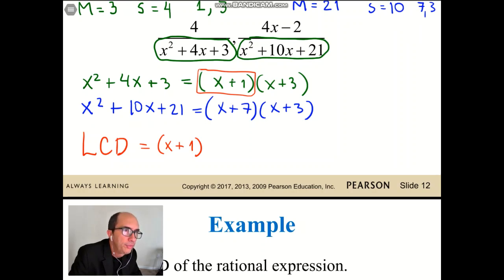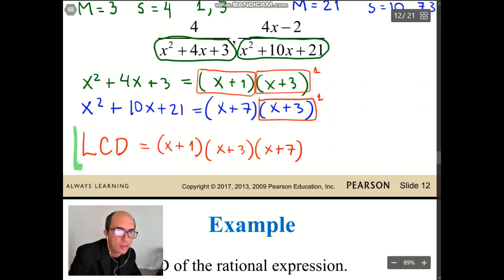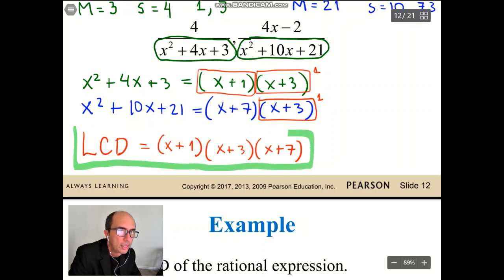And another unique factor, x plus 3, we have here on both denominators, and both have exponent 1. So we just need x plus 3 once. And another unique factor, x plus 7. And this is the least common denominator for that example.